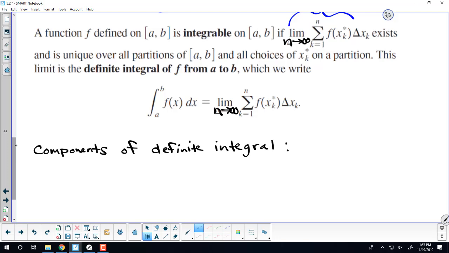So this definition is as important as the definition of a derivative. For the derivative, h approaches 0, and for the definite integral, we've got something approaching infinity. But both of those pillars of calculus are defined in the sense of a limit.